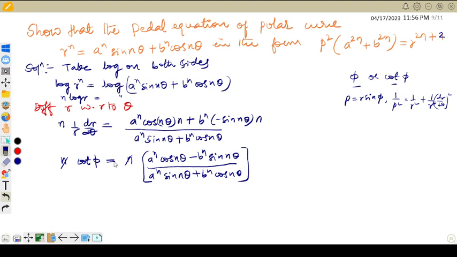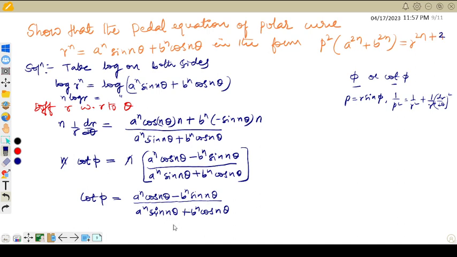So n and n get cancelled. Cot phi is equal to a raised to n into cos n theta minus b raised to n into sin n theta, divided by a raised to n into sin n theta plus b raised to n into cos n theta.